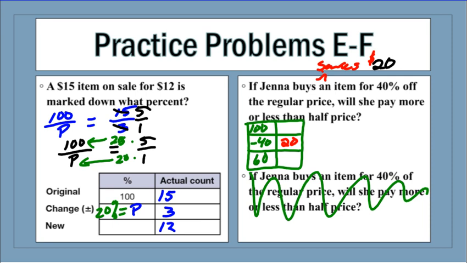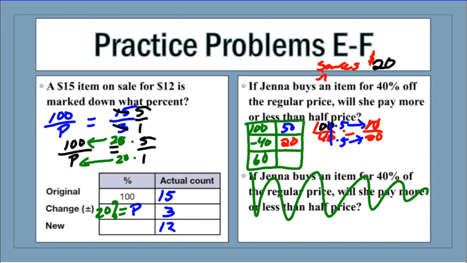And now I need to fill in the other boxes. If Jenna buys an item for 40% off the regular price, will she pay more or less than half the price? So we need to find what the original price was. So I have 100 over 40 is the same as n over 20. I can simplify. 4 times 5 gives us 20, so 10 times 5 will give us n.